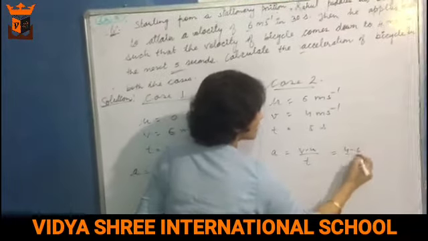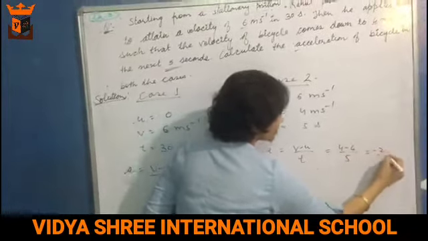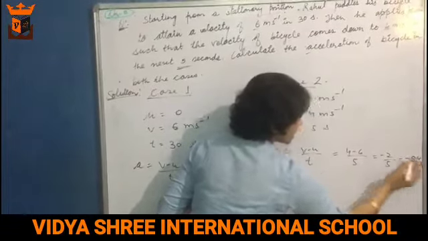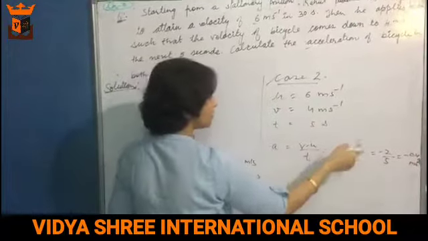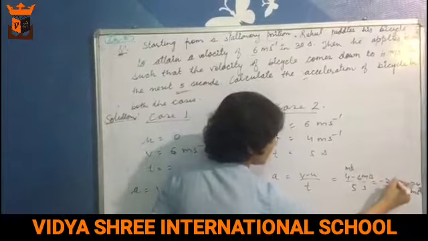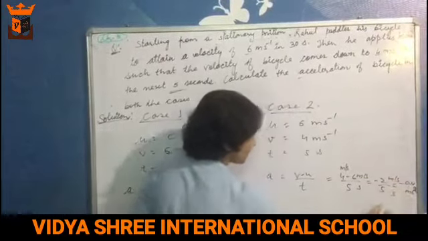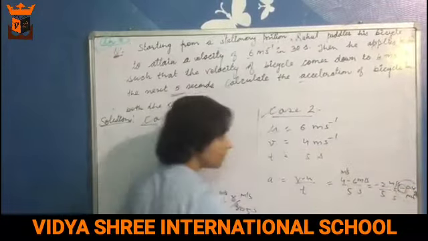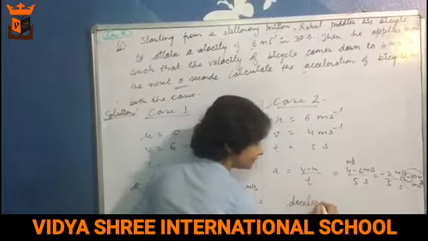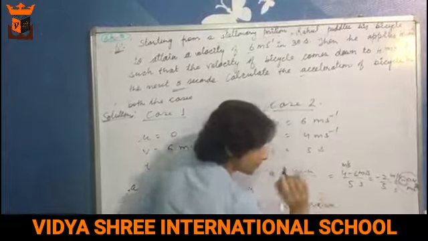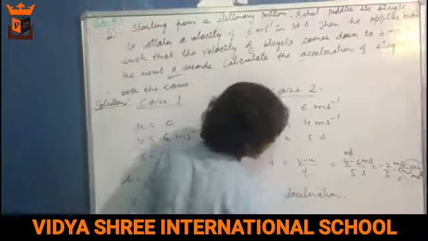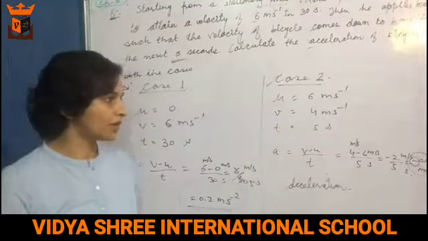That is 4 minus 6 upon 5, minus 2 upon 5, minus 0.4 meter per second square. Again the units will remain the same, meter per second in second, meter per second upon second. See here, minus signifies deceleration. So here acceleration is 0.2 meter per second square, while here deceleration is 0.4 meter per second square.